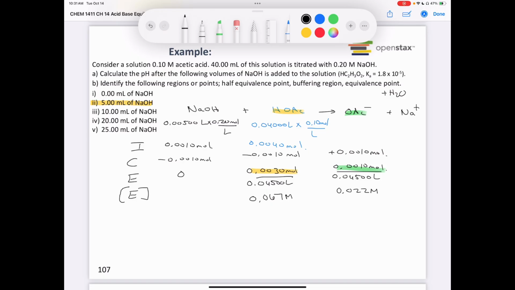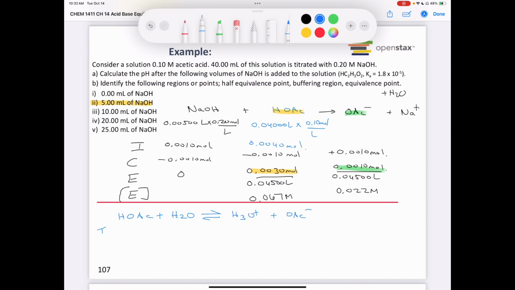And so now what we have to do is make an ICE table where we put in the concentration of our weak acid and its conjugate base. Since they've given us the Ka, I'm going to put in the acetic acid first. So I have my acetic acid plus water in equilibrium with hydronium plus my acetate ion.